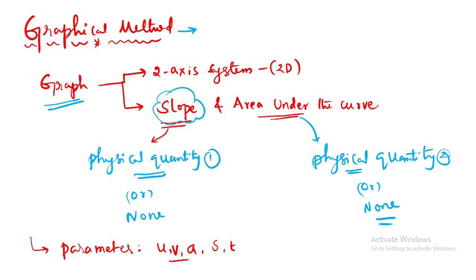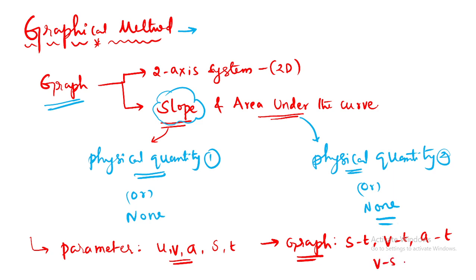Based on them only we will try to do the graphs. What graphs can be possible here? Any two quantities you can represent on the graph. The most important are the displacement and time graph, velocity and time graph, acceleration and time graph, and also the velocity and displacement graph.